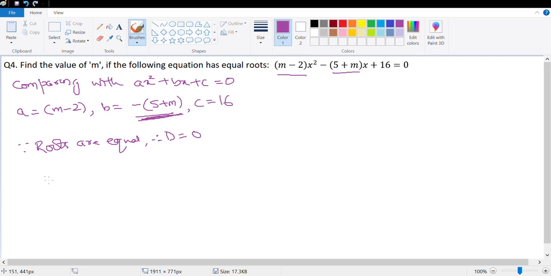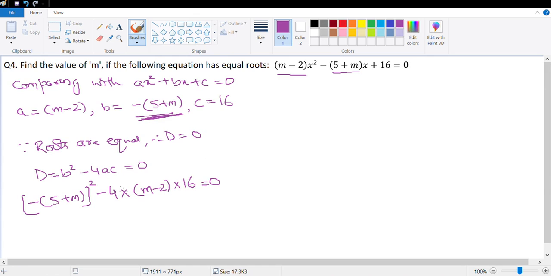So D is equal to b square minus 4ac is equal to 0. Let's substitute values. B is negative (5 plus m) whole square minus 4 multiplied with a, which is m minus 2, multiplied with c, which is 16. This is equal to 0.